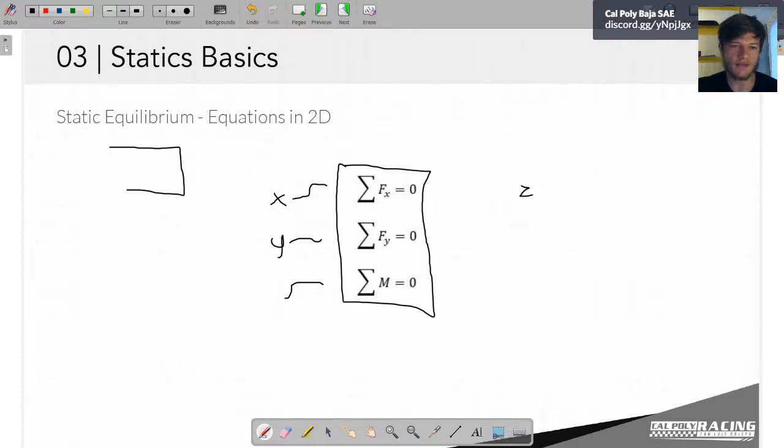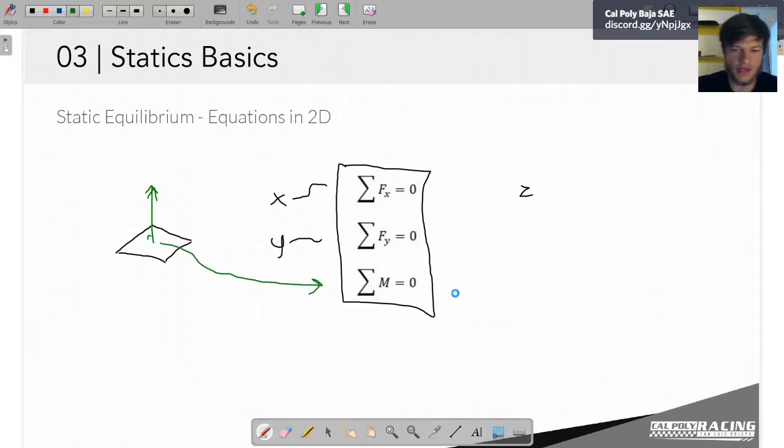In a given plane, I'll draw this plane obliquely, you can only have one rotation, which is going to be perpendicular to the plane. So this is why we only have one sum of moments we need.